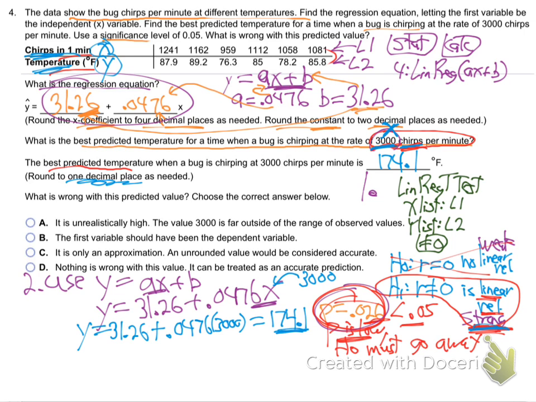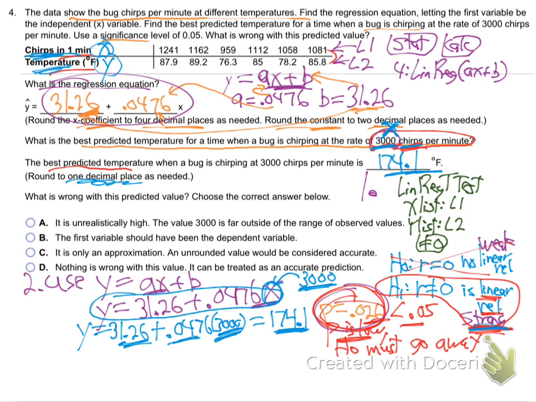So if you hear 3,000 chirps a minute outside, you can use that to predict the temperature using this equation. That's what a linear relationship tells you. These two things, chirps and temperature, are in a linear relationship. Just plug in the chirps, the 3,000, and 31.26 plus 0.0476 times 3,000 comes out to be 174.1.